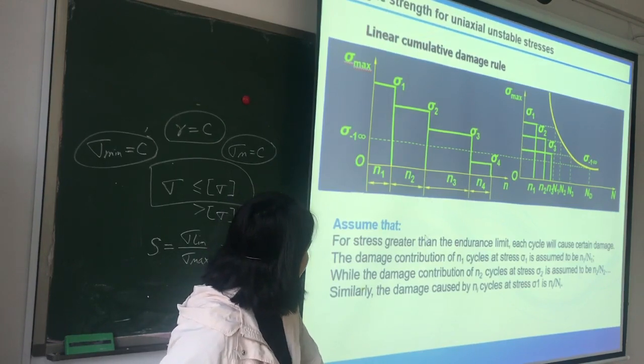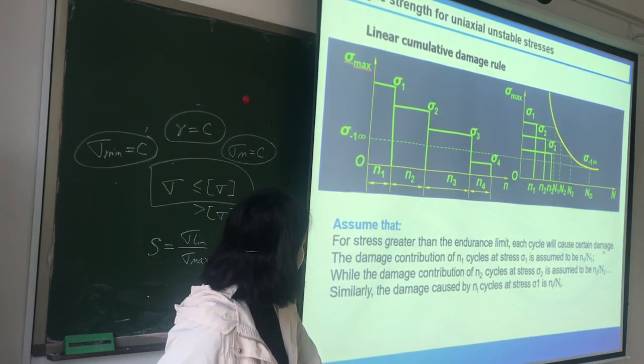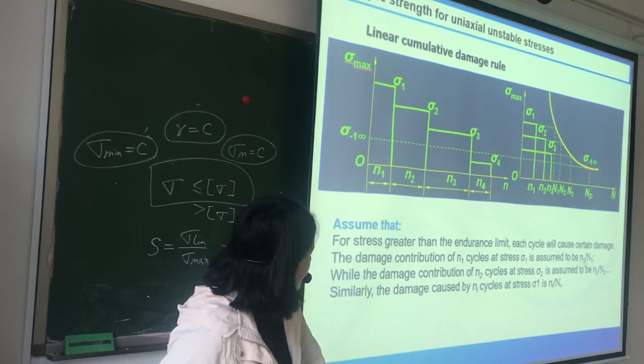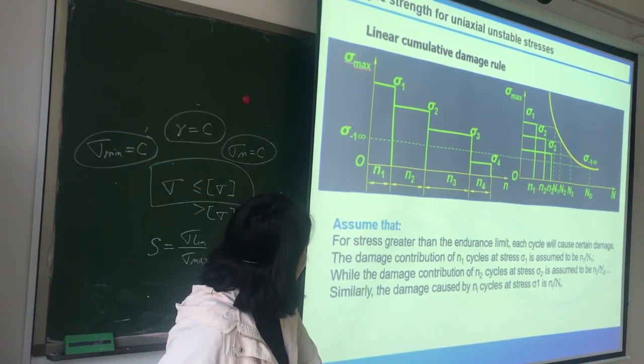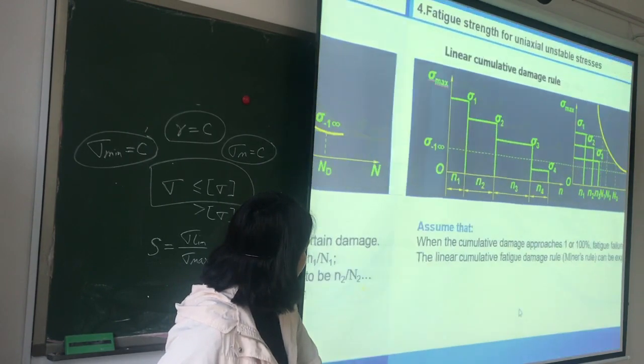Okay, and a stress greater than the endurance limit will cause certain damage each cycle. The damage contribution of n1 cycles at stress sigma 1 is assumed to be n1 divided by big N1, and the damage contribution of n2 cycles at sigma 2 is assumed to be n2 divided by big N2.